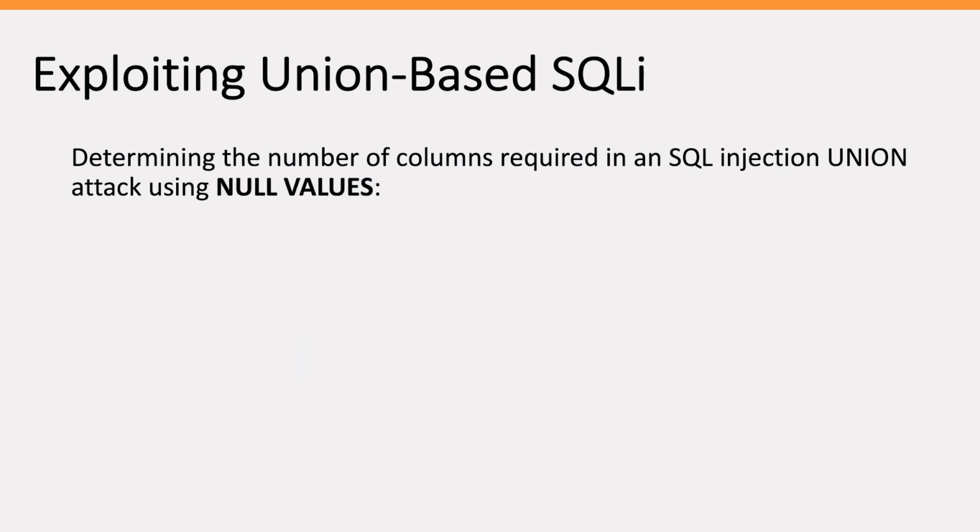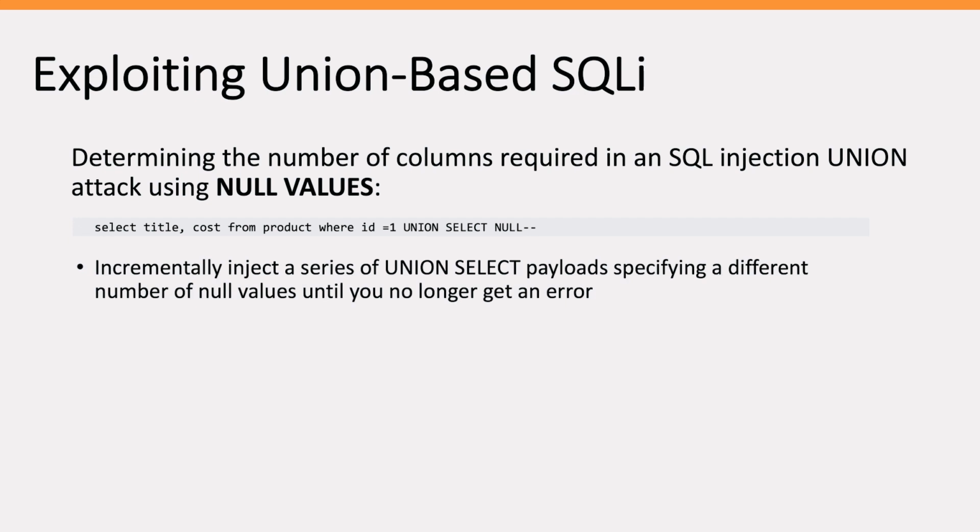You could also figure out the number of columns required in a SQL injection using null values. So again, let's take the example of a query that does SELECT title, cost FROM product WHERE ID = 1. And then you say UNION SELECT NULL, and then -- for a comment character. Now, because using the union operator requires that this query has the same number of columns as this query, if you don't use the same number of columns, you will get an error.